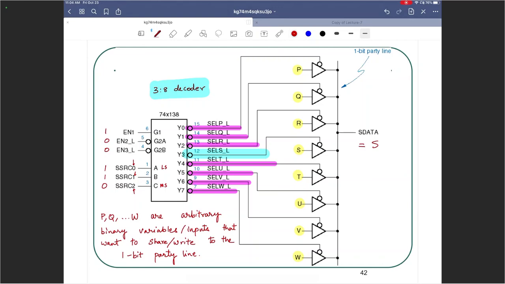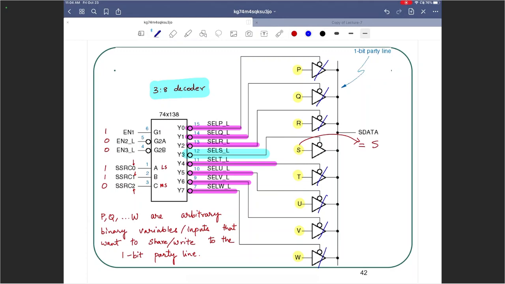Because only this guy will be able to write to the 1-bit party line. Nobody else can write to it because they're all disabled, right? What does disabled mean? I said dangling wire, remember? So all these are cut off from the entire circuit.